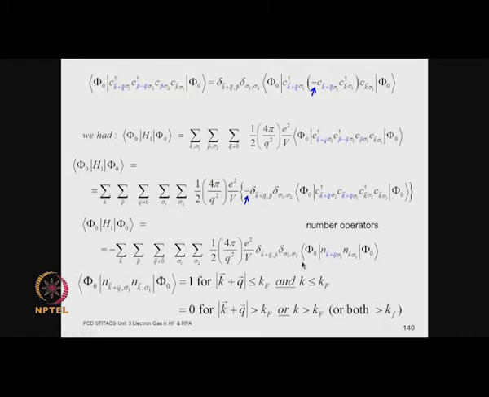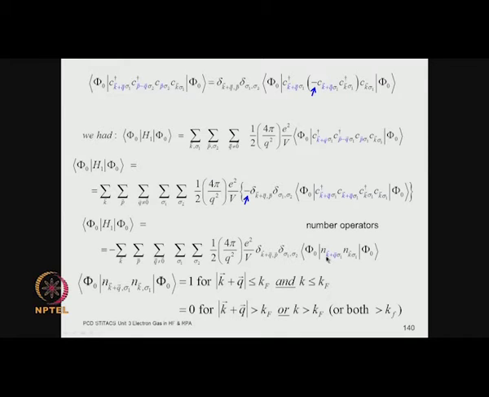And now, if you recognize that the number operator will give you a value 0 unless the corresponding momentum state is occupied. What are the two momentum states being referred to? There are two number operators, one for momentum k and the other for momentum k plus q.